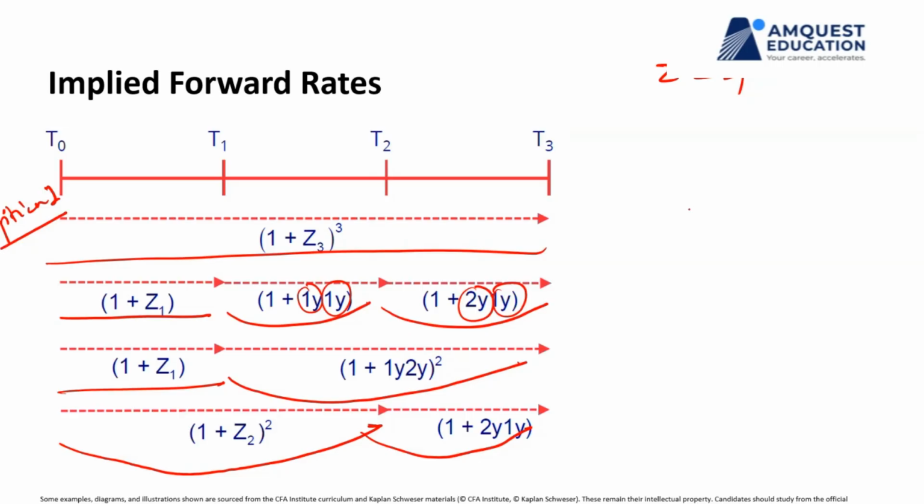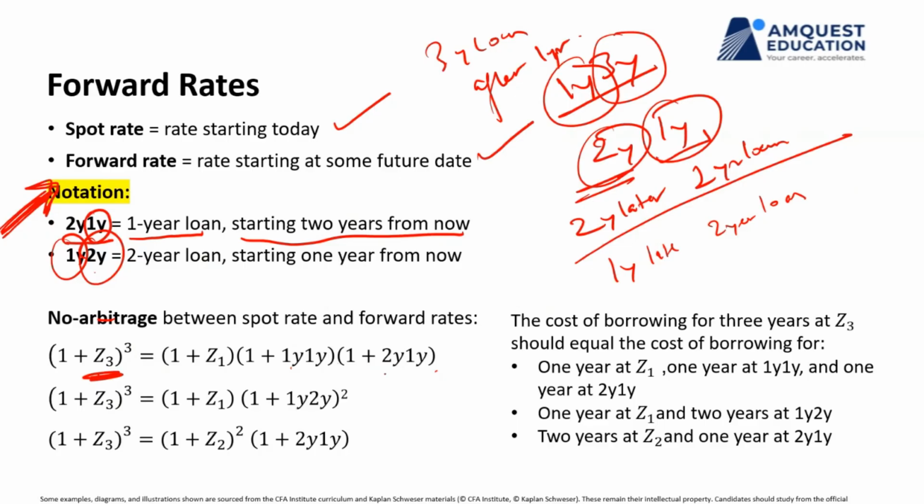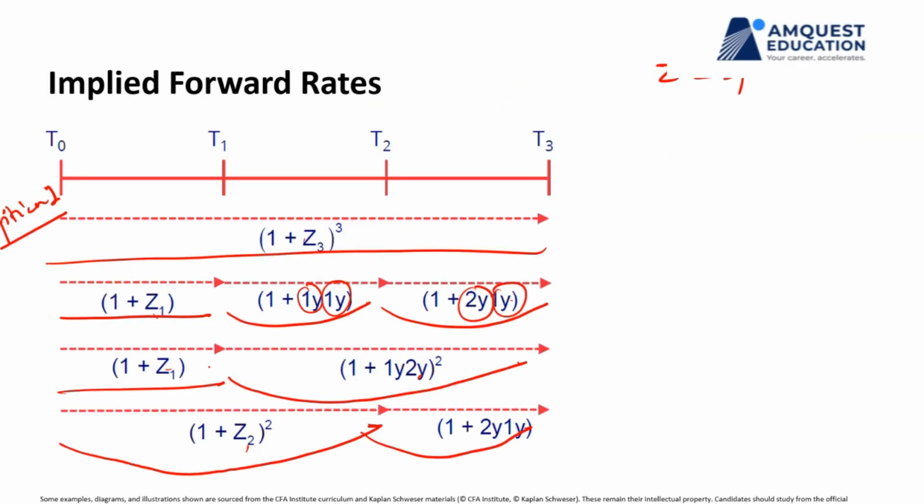Right? So you can say, I'm going to take a 2 year loan and then a forward rate, spot rate, spot rate, forward, spot. In a no arbitrage theory, there should be no difference in this. So whether you take a 3 year loan today or you take 1, 2, 3 loans, it should be the same.